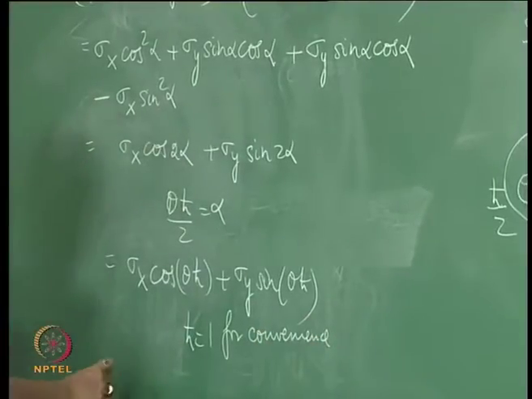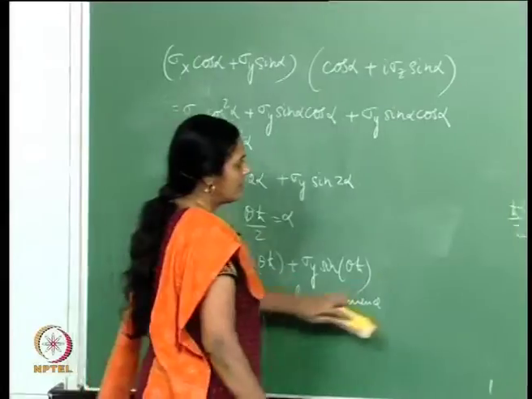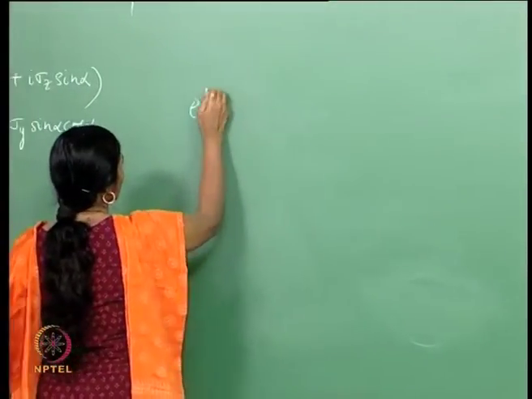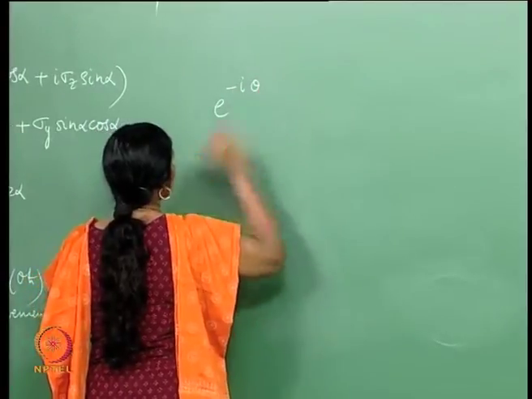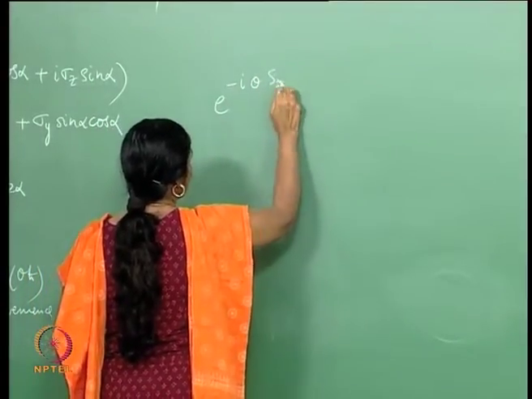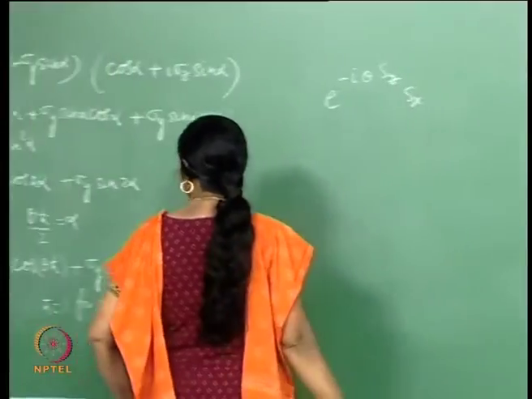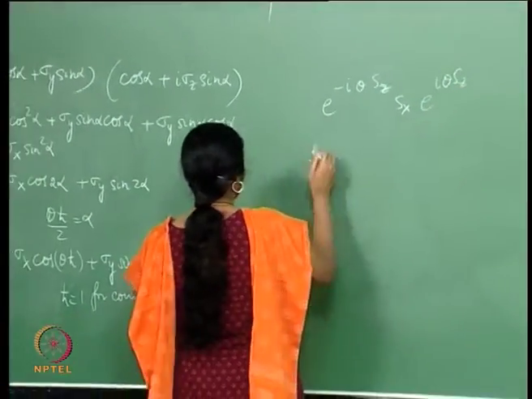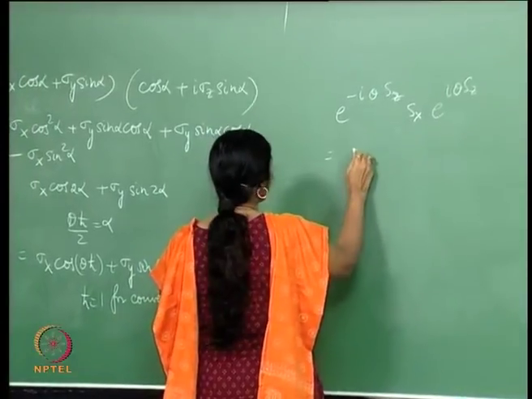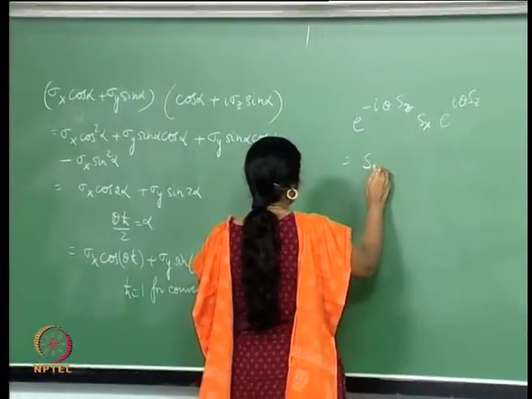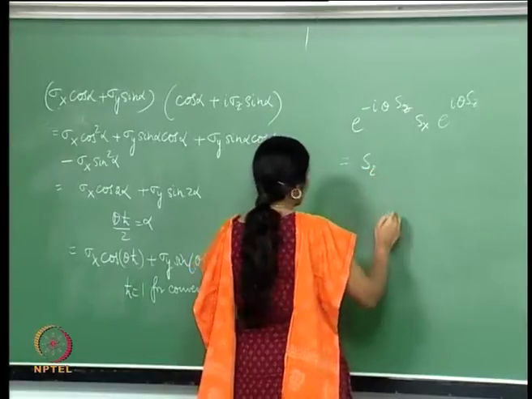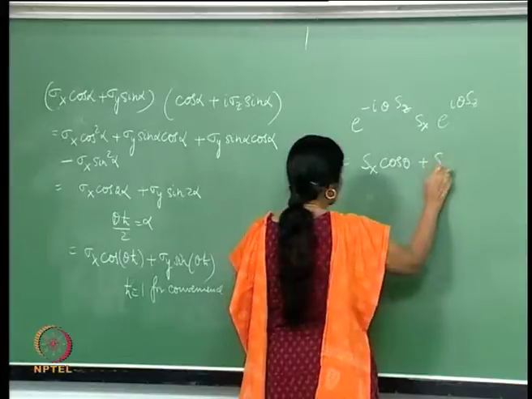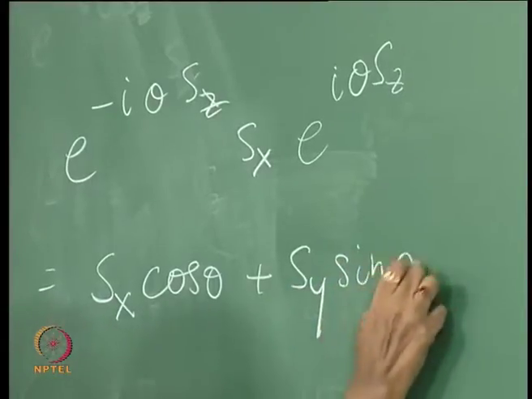and then I find that in general I have shown this particular transformation, that e to the minus I theta sz sx e to the I theta sz is equal to sx cos theta plus sy sin theta.